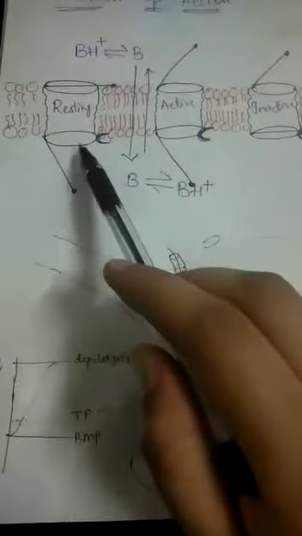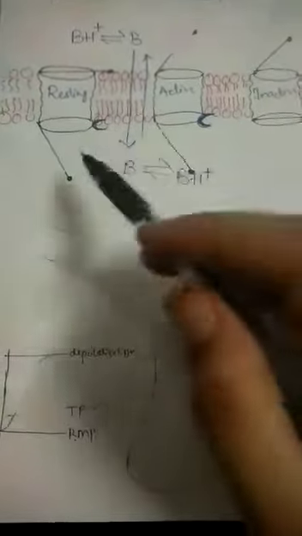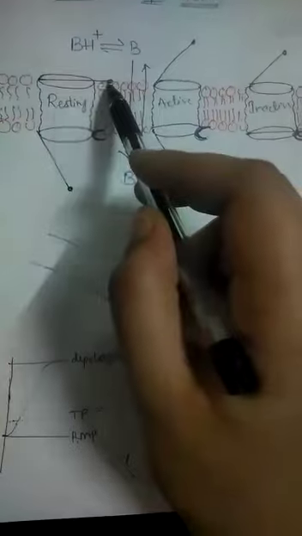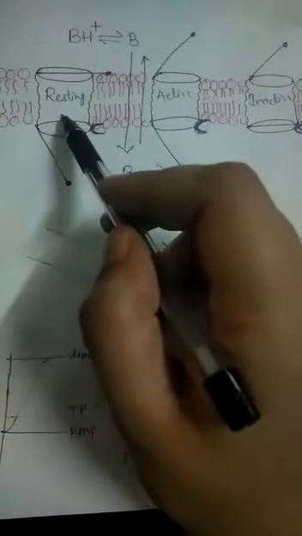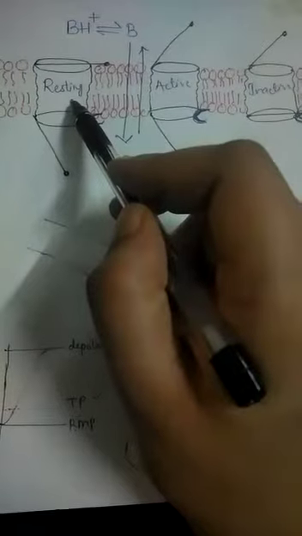Now what is the property of the resting stage? Normally these voltage gated sodium channels have two gates: one is the activation gate and the other is the inactivation gate.